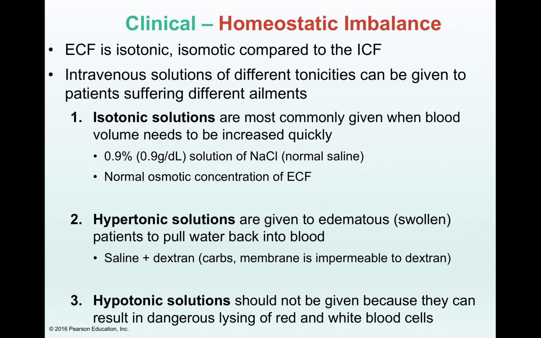Typically, this is a solution that is a combination of saline and dextran, which is basically a form of sugar. Dextran cannot pass through your plasma membrane, so it stays inside your plasma, the fluid part of your blood, and it pulls the water from your interstitial fluid back into your blood plasma.